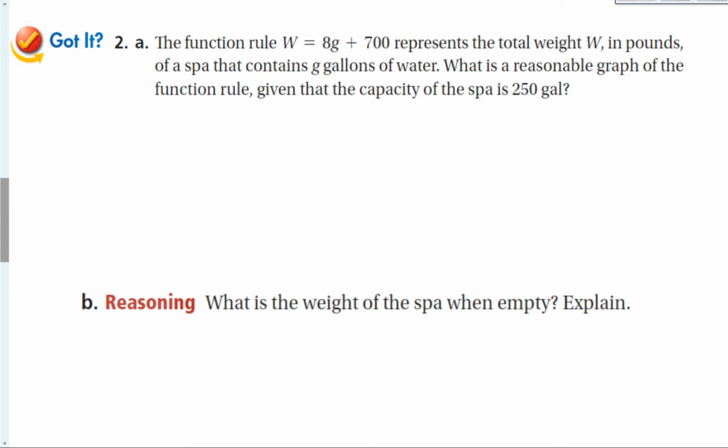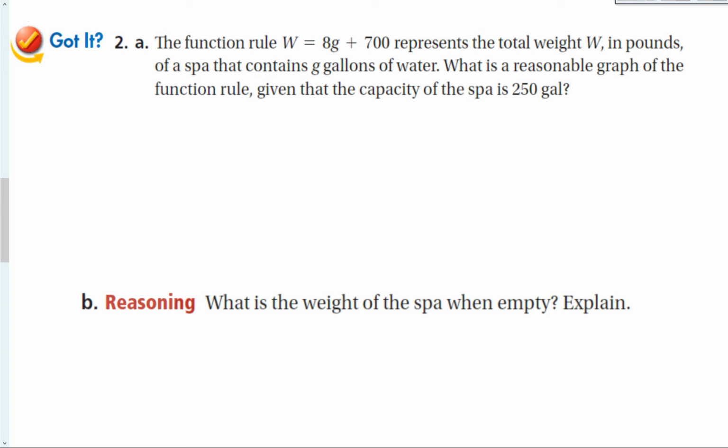And of course, it's going to be a line again. And I would put the x-axis maybe going up by 50, and the y-axis maybe going up by 500, because that way we could start not at the bottom. We'll start a little bit over the first line, and then we'll get a nice little picture of what the graph is going to look like without going too far off.